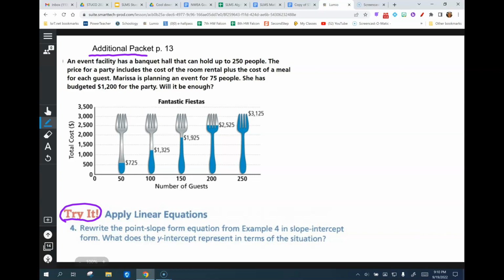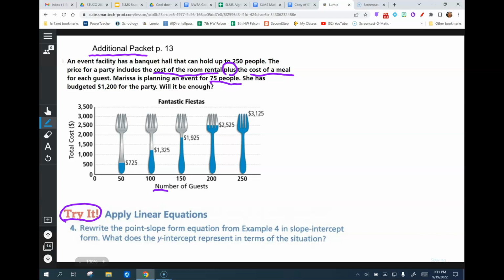The price for a party includes the cost of the room rental plus the cost of a meal for each guest. Marissa is planning an event for 75 people. She has a budget of $1,200 for the party. Will it be enough? So let's just look at what's going on.